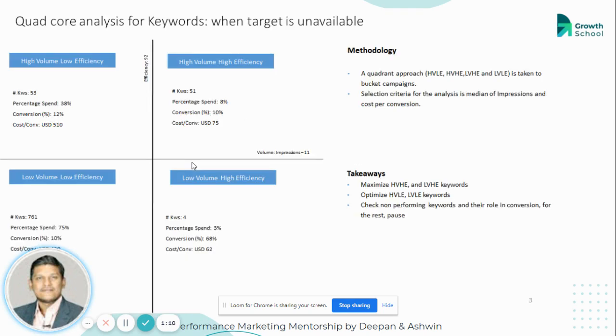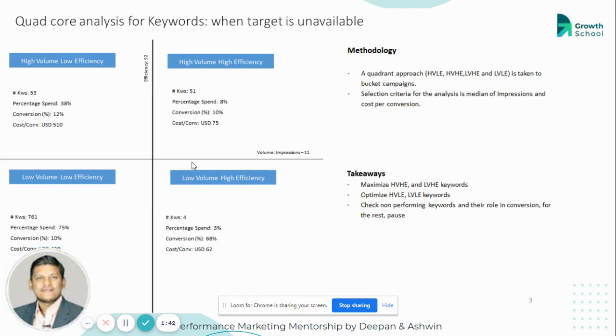So what we have done is quad core analysis for the keywords. Then we suggested a set of keywords for which they have to take action. Here we have mentioned: maximize HBHE keywords, LVHE keywords, optimize these keywords, check non-performing keywords and their role in conversion, and for the rest, pause.